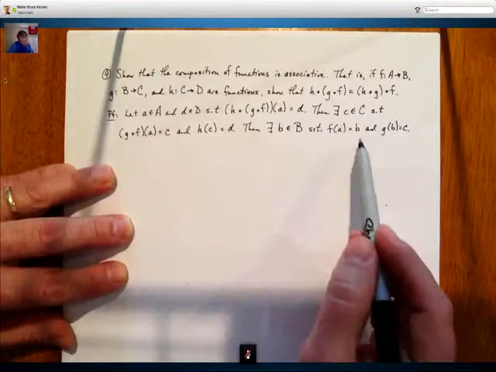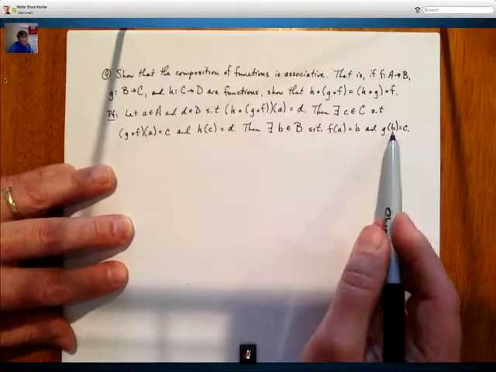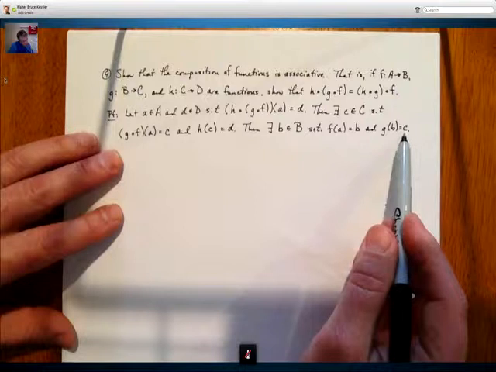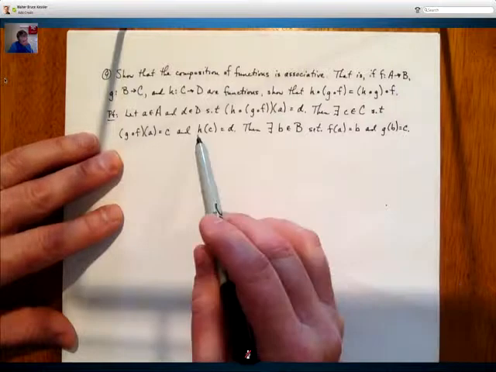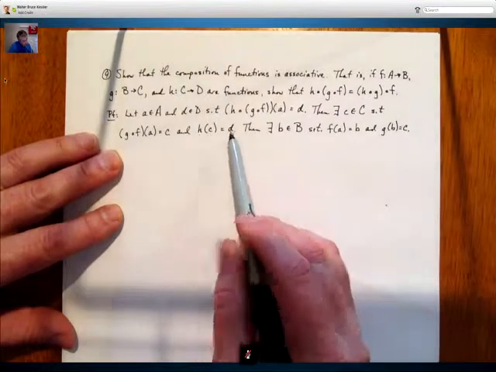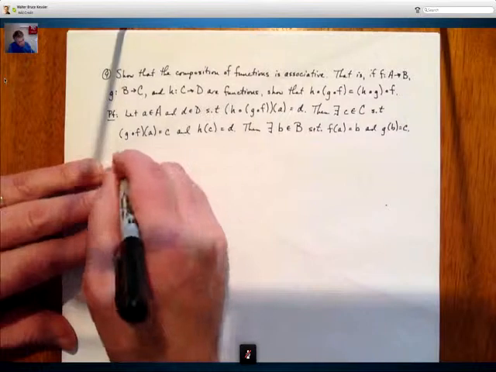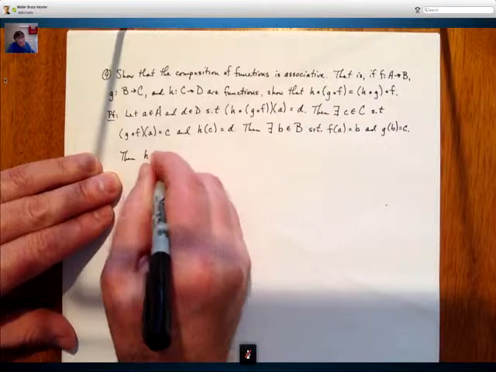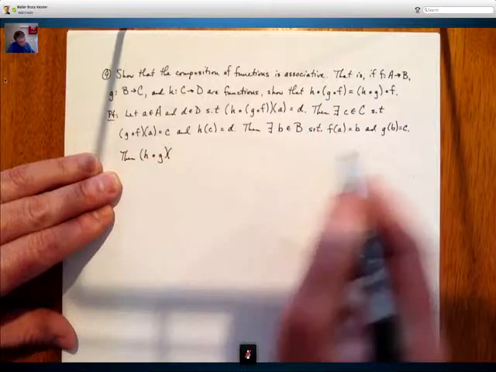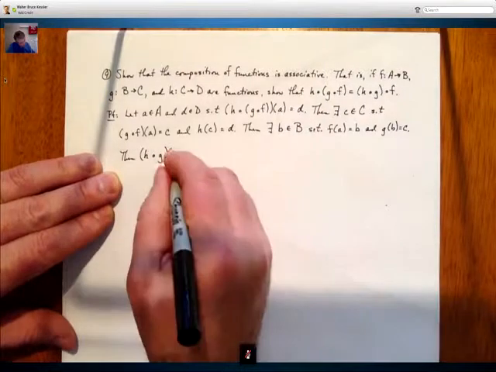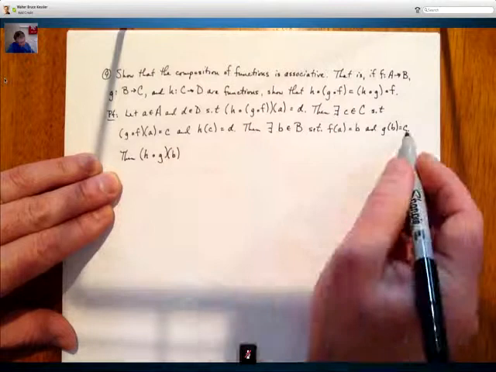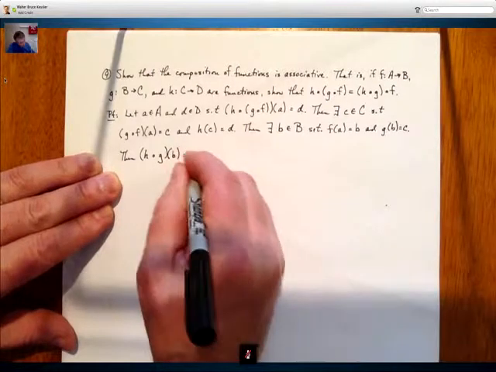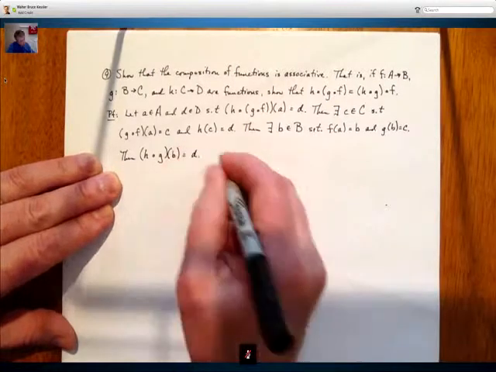Since g takes b to c, and h takes c to d, then h of g of this b, b goes to c, c goes to d, equals d.